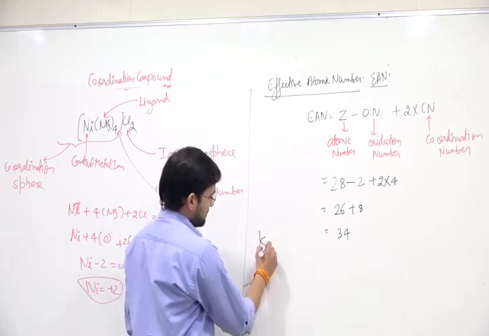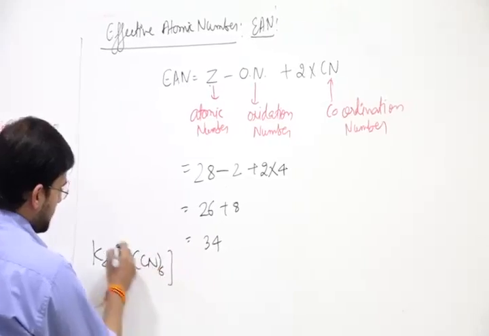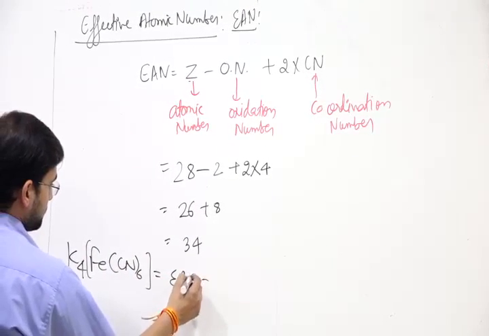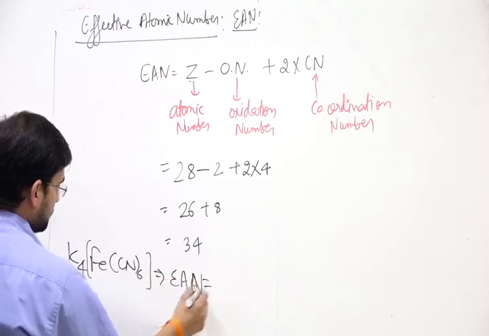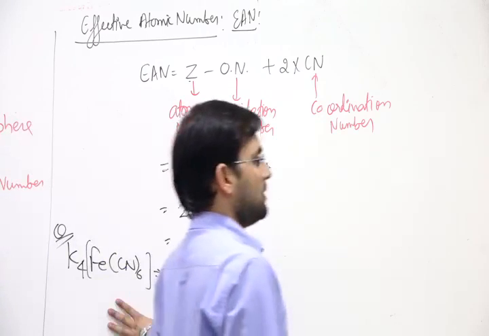Try for this. K4Fe(CN)6. How much is the EAN for this? Solve for this.